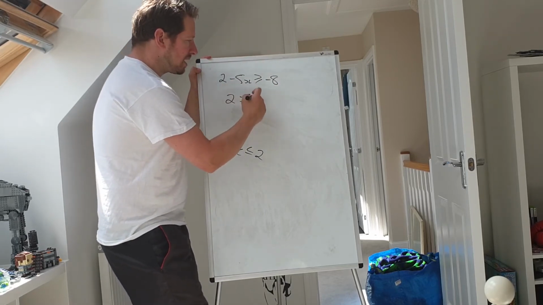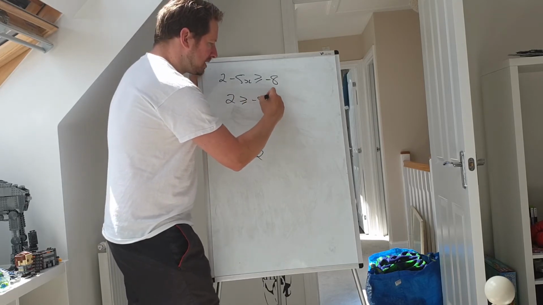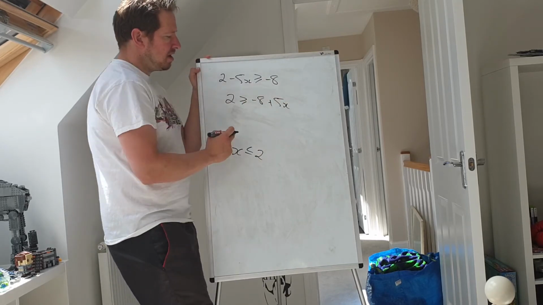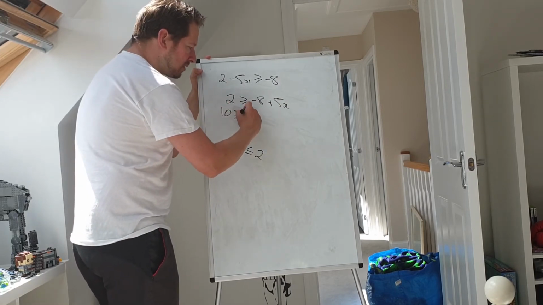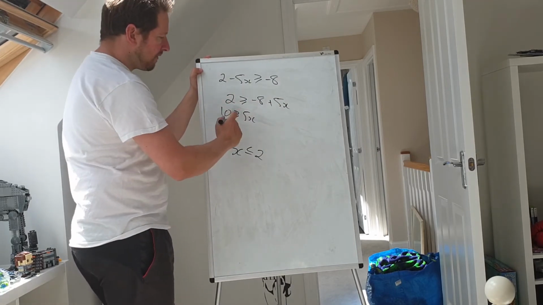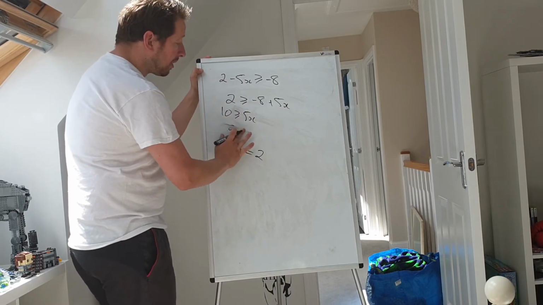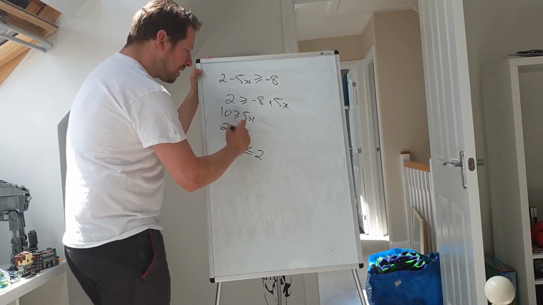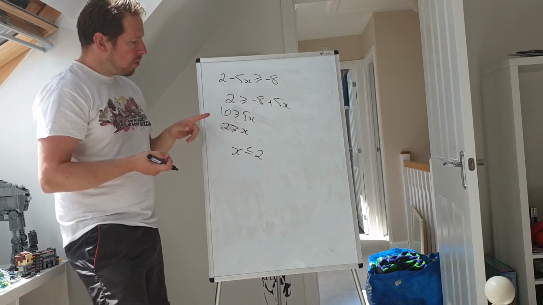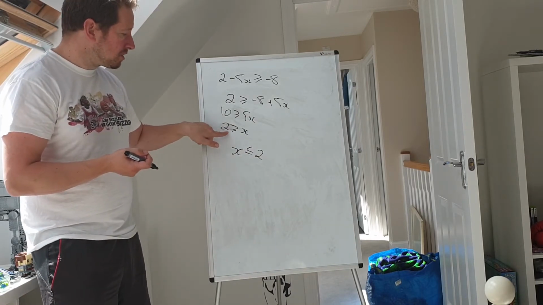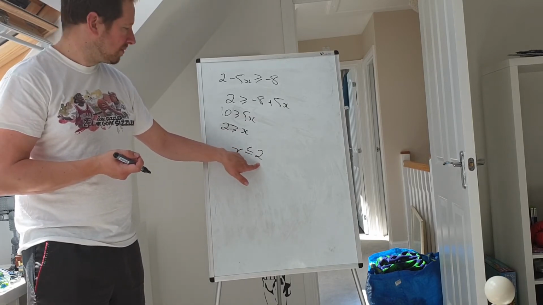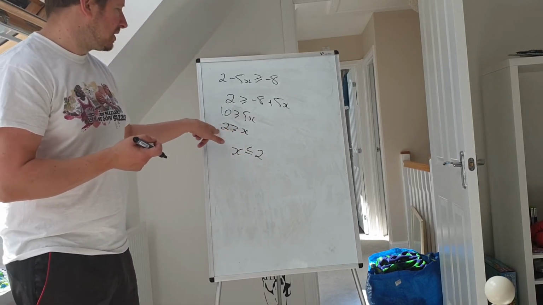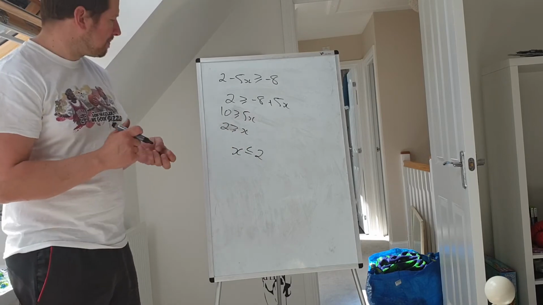So 2 is greater than minus 8 plus 5x. I'm then going to add 8 to this side. So I've got 10 is greater than or equal to 5x. And I'm going to divide by 5. So 2 is greater than or equal to x, which is exactly the same as this. Remember, 2 is greater than or equal to x is the same as x is less than or equal to 2. If I moved the x over to this side and 2 over to this side, then I would flip the signs again.